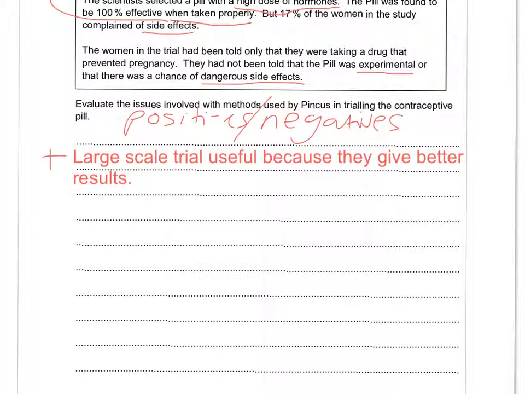He chose uneducated women. So we'll put this down next. So he used uneducated women. And the logic behind this was if uneducated women could use the pill correctly, then women all over the world would be able to use it.